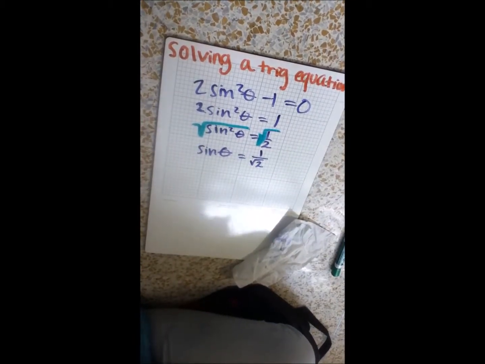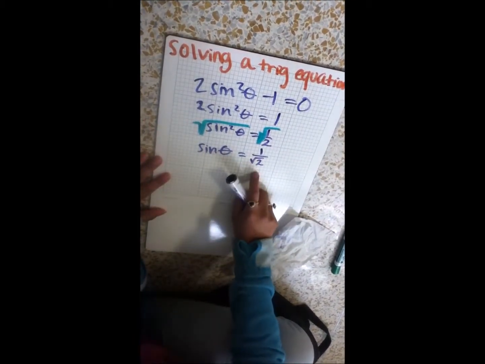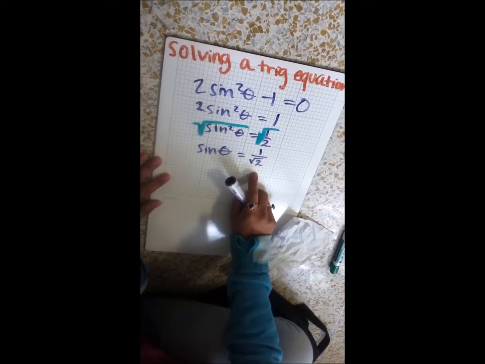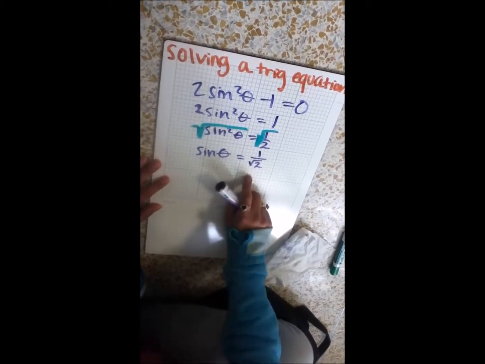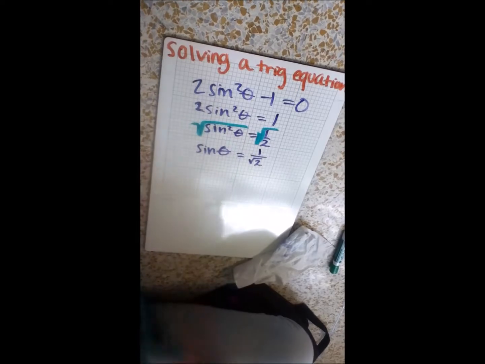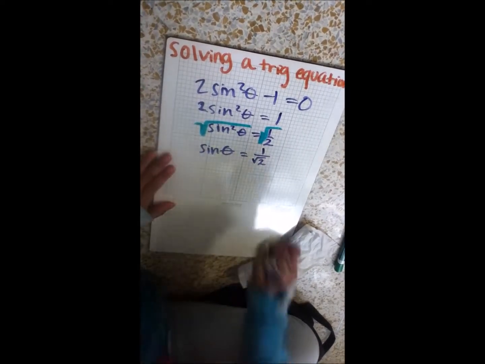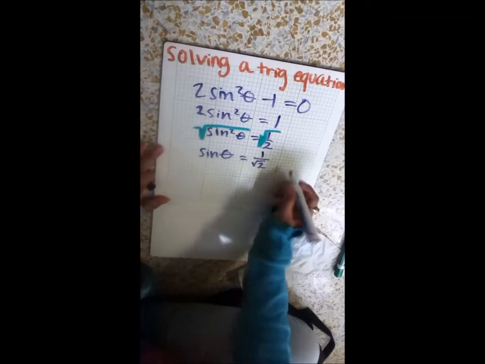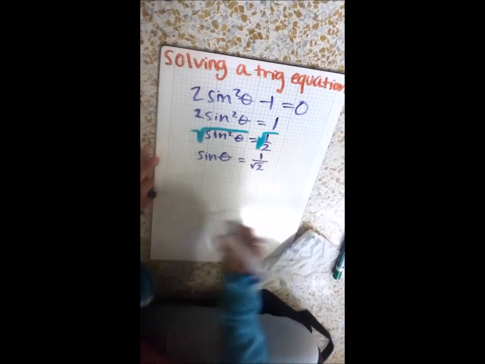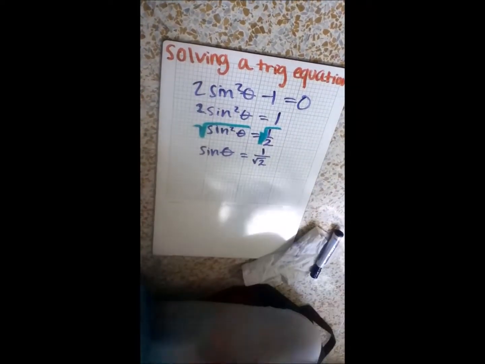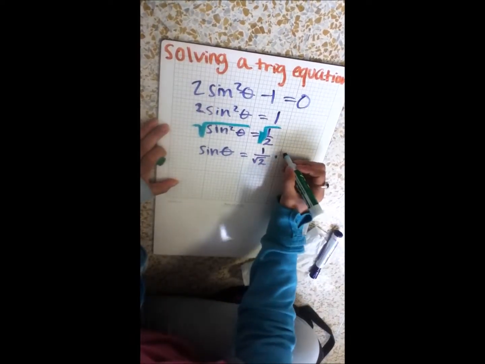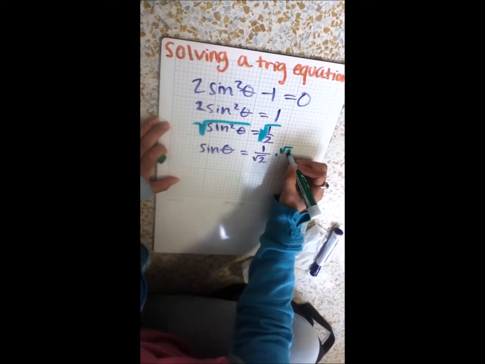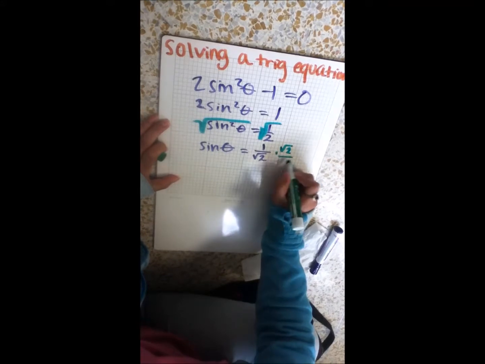But you can't really have a square root in the denominator, so we need to get rid of that square root in the denominator. We're going to use that denominator to multiply it by itself. We're going to multiply the numerator and the denominator by the square root of 2.